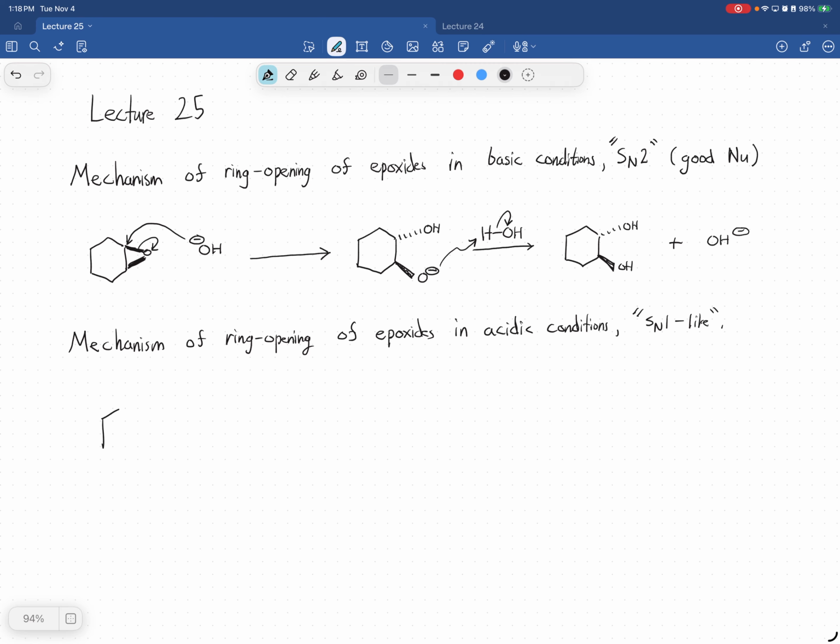So first thing we do, all right, so what's the first step if we have acidic conditions? All right, let's have our acid here, H3O plus. All right, what do you guys think? What happens first?